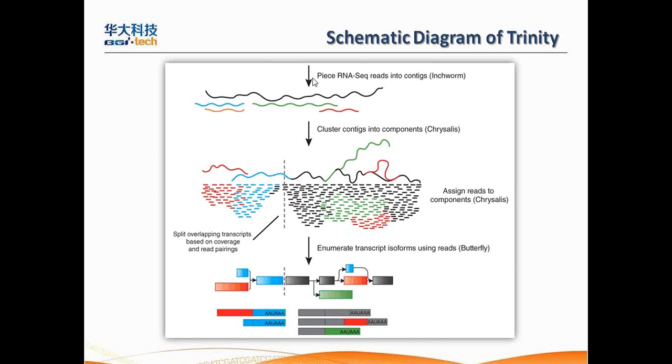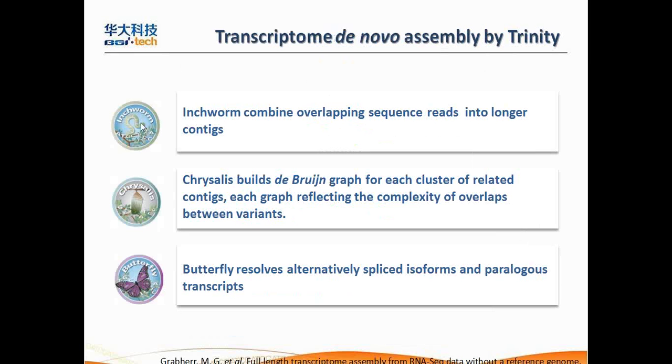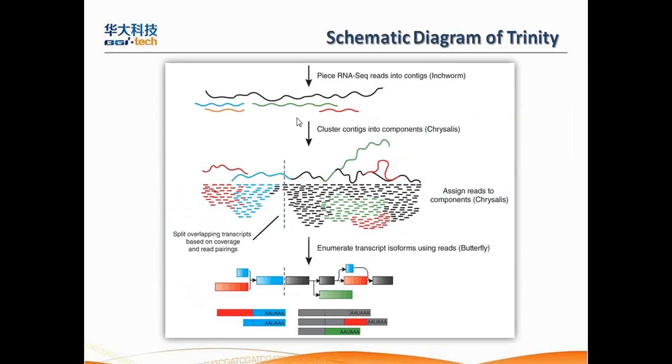The first one is Inchworm. It uses overlap information and connects very short sequencing reads into longer linear contigs. Each color represents a contig. So this is what the first software, Inchworm, does.